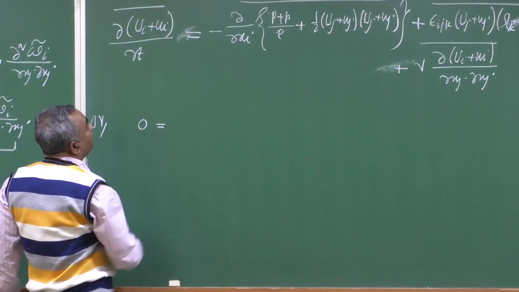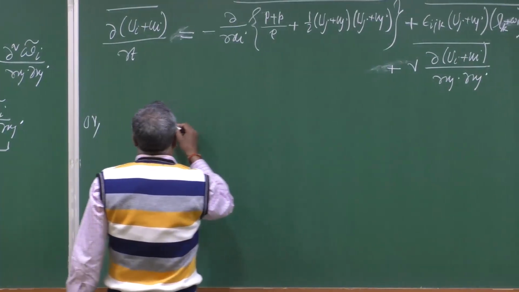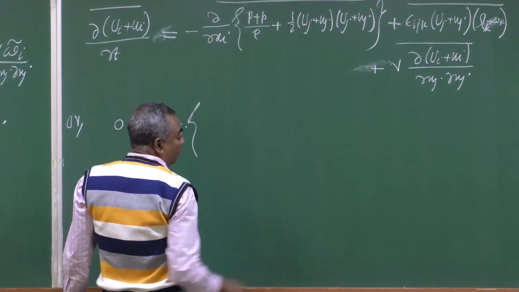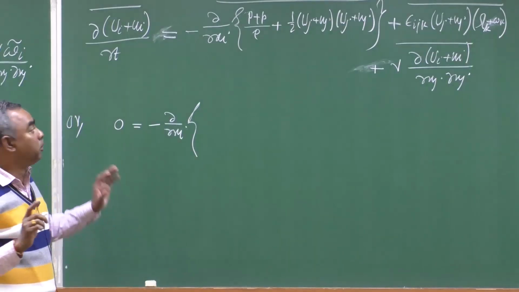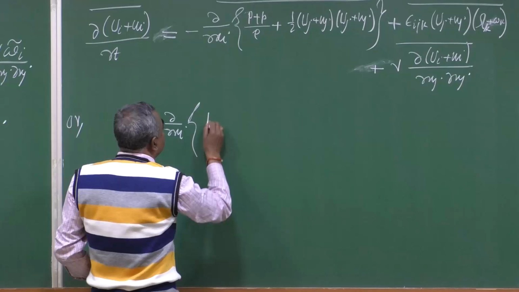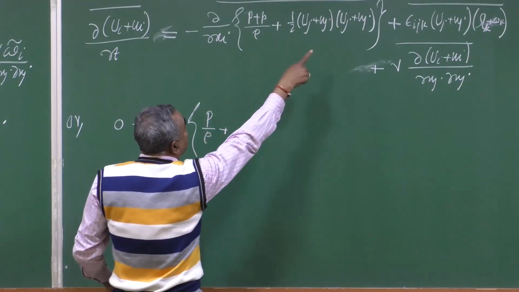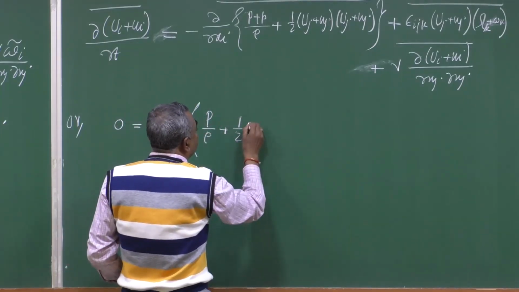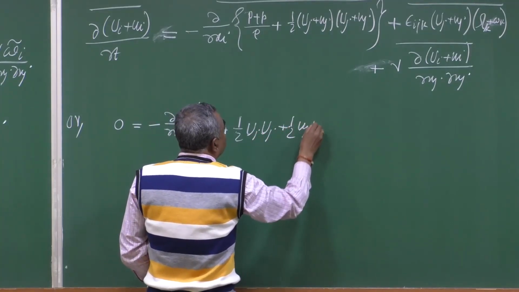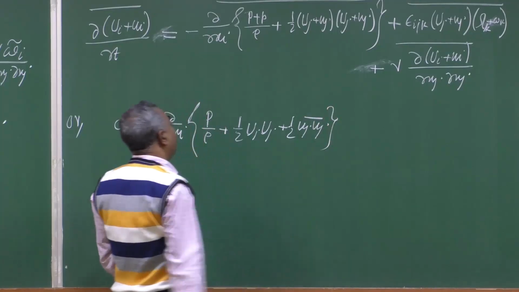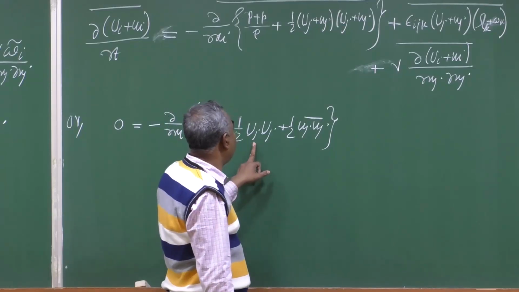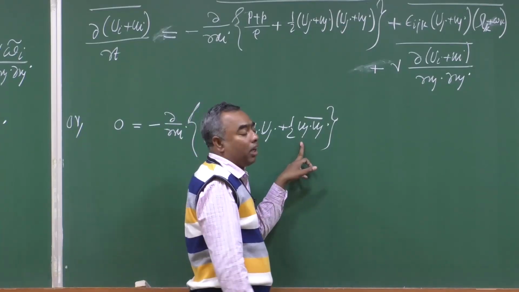So, this left hand side is equal to 0, and the right hand side after time averaging, I am just eliminating all the small algebra which is involved here and directly writing that. So, capital P by rho plus this particular term will give us two terms, one is half capital U_j squared plus half small u_j squared bar. These are the two dynamic pressure terms. One is due to mean flow or mean velocity, another is due to turbulent fluctuation. Okay.